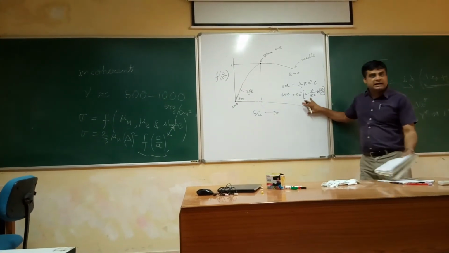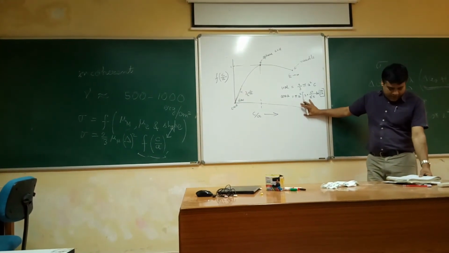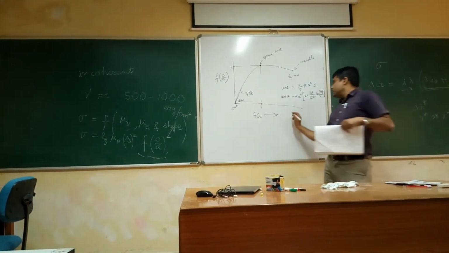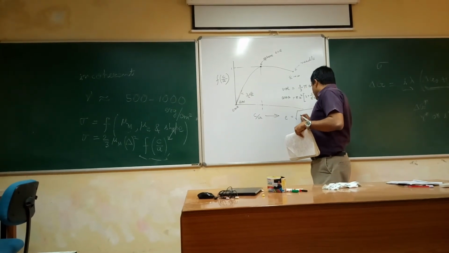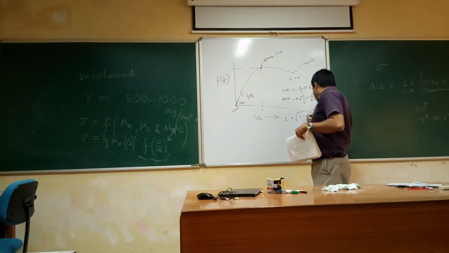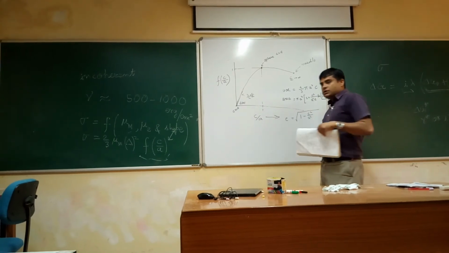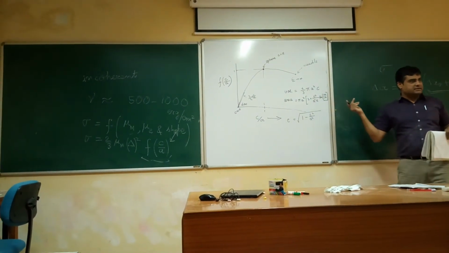That is the surface area of an oblate spheroid, where e is a function of c over a, which is the square root of 1 minus c square over a square. e is called the eccentricity.